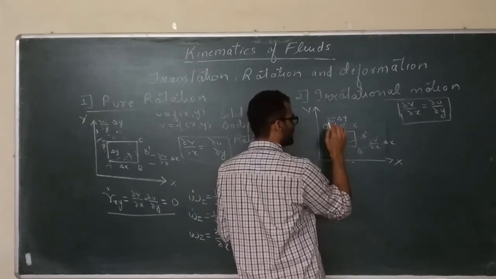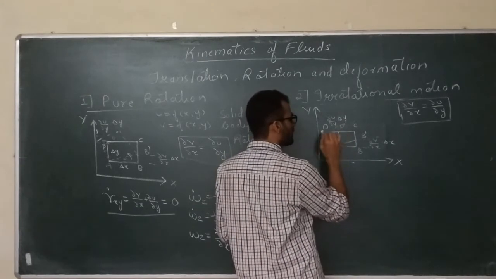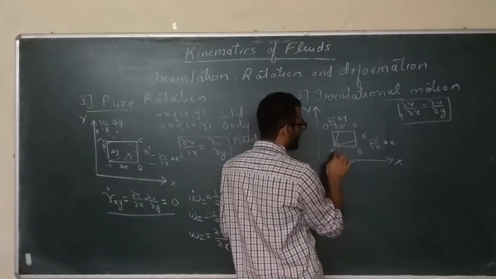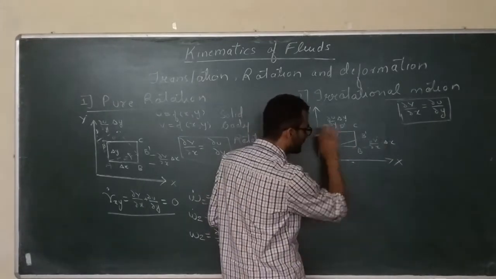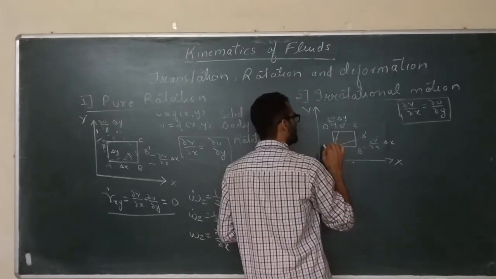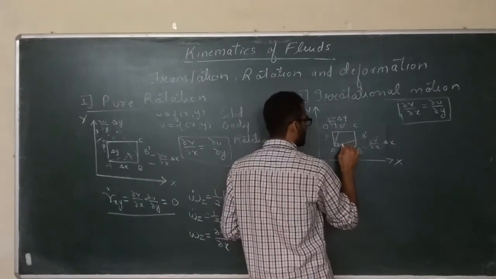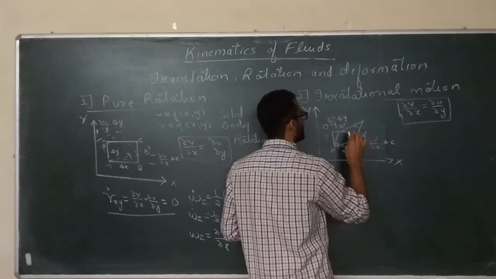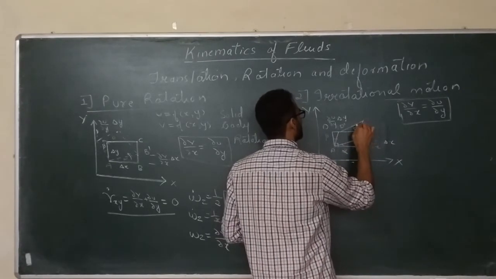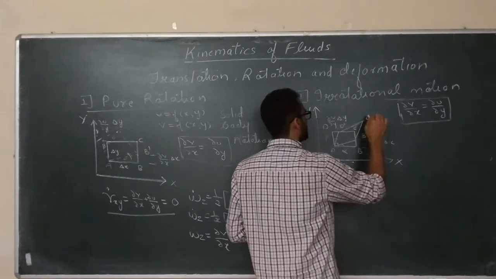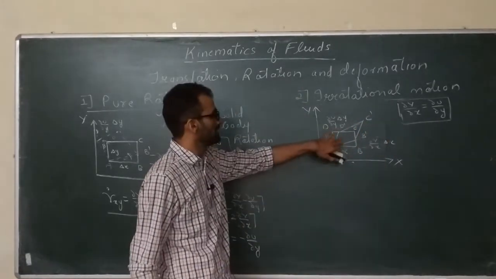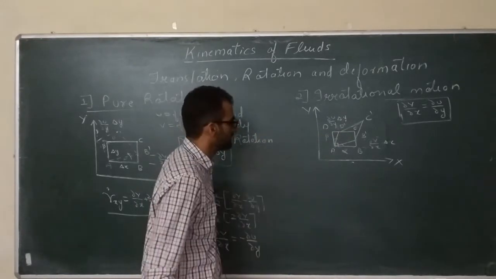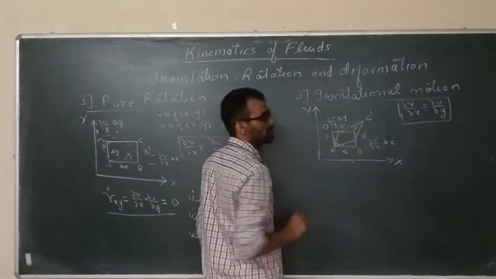So the horizontal velocity component, the u component at D, should be greater than the u component at A. That's why D will move ahead and A will stay behind. That's why it is rotating clockwise. So this is your beta, this is your alpha. In this way, the fluid element will just go on deforming. This is a pure case of irrotational motion.